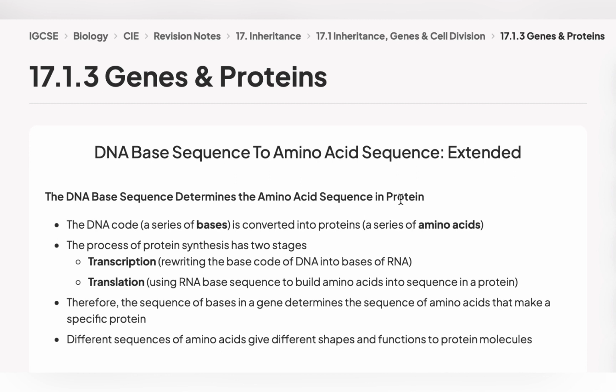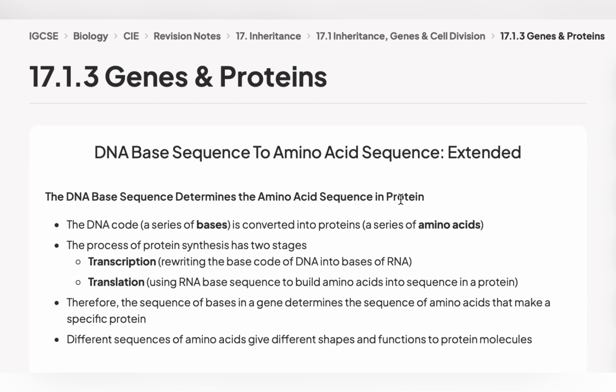A code that is already written for a DNA, you're rewriting it into bases of RNA. That process is called transcription. So please keep in mind, rewriting the base code of a DNA into RNA is called transcription. You are transcribing.